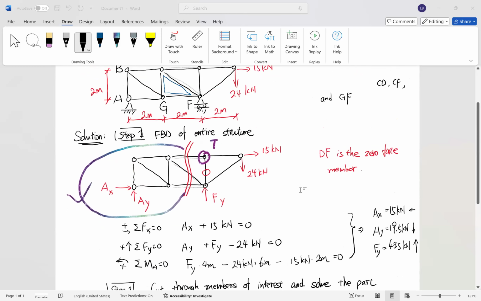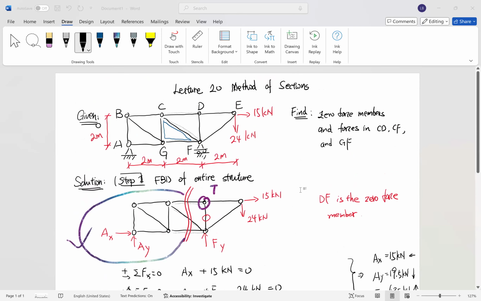Okay, so now here's how we perform the method of section. It is applicable to cases where we have a structure but are only interested in a few members.